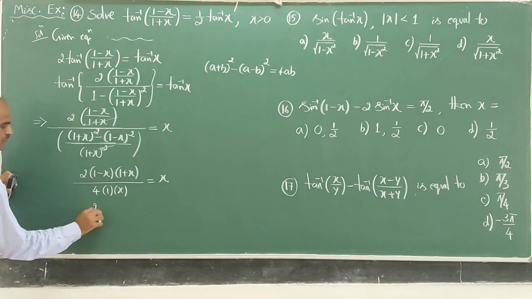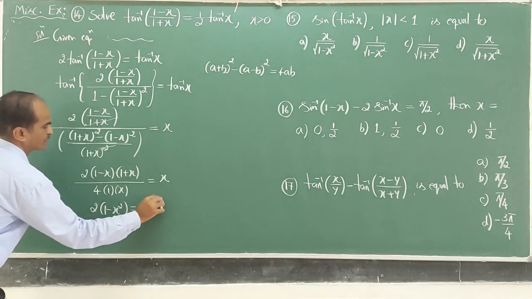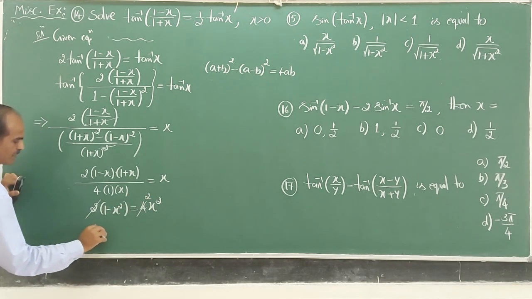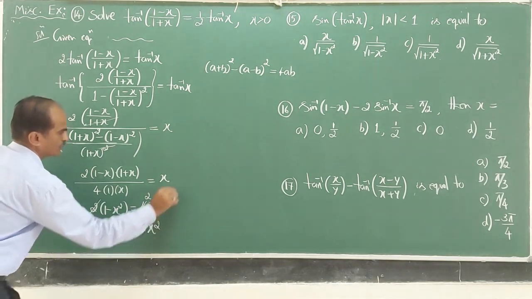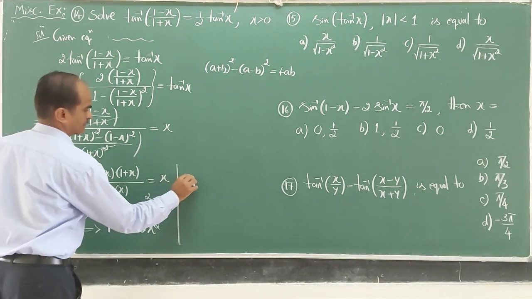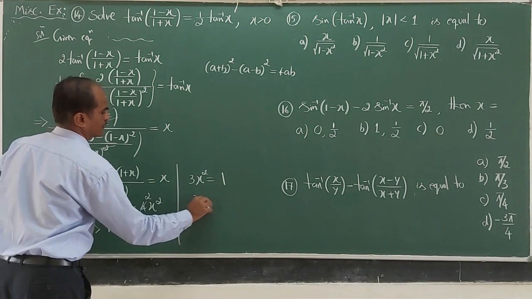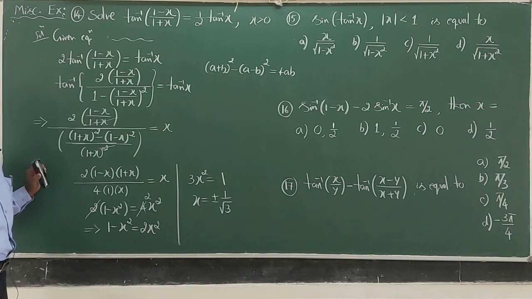Further, it is 2 times (1 minus x square) equal to 4 times x square. So this implies 1 minus x square equal to 2x square, that is 3x square is equal to 1. So x equal to plus or minus 1 by root 3.